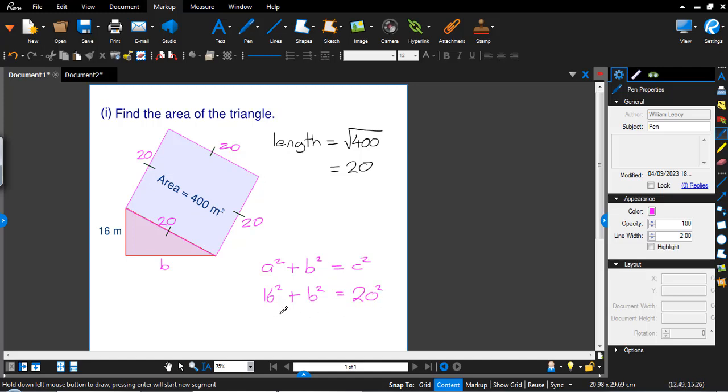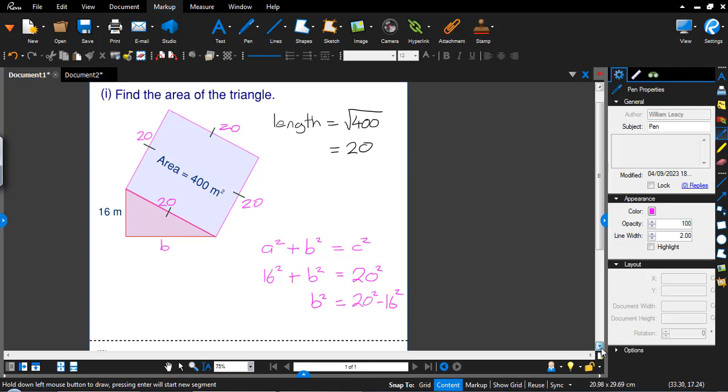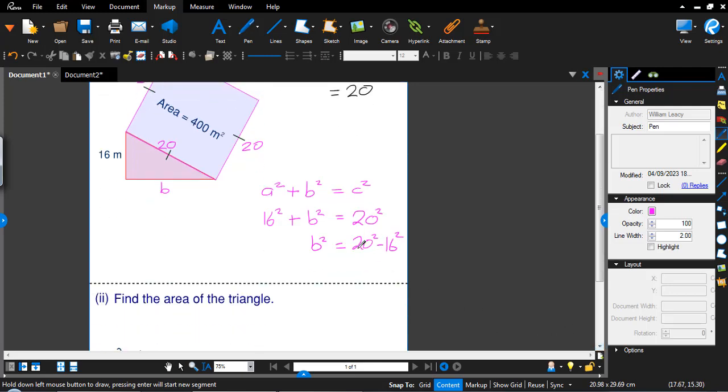So we know b squared, get all the numbers on the other side, equals 20 squared minus 16 squared. Whatever that is, 400 minus 256. I'll just move this up.